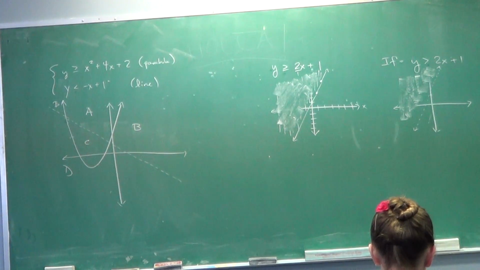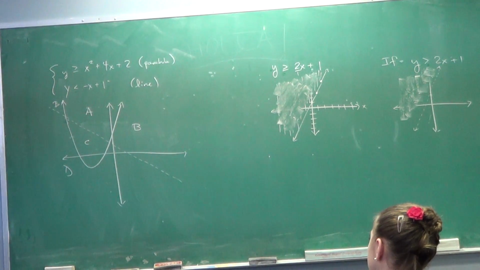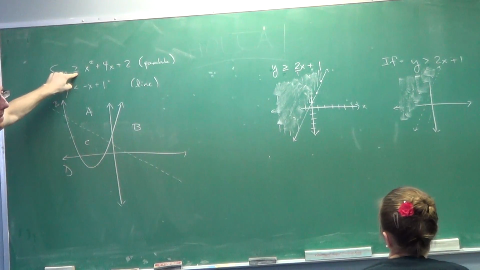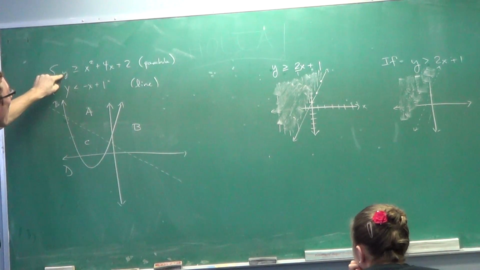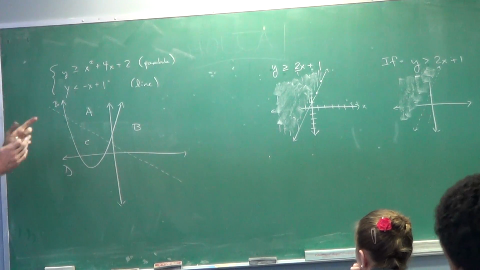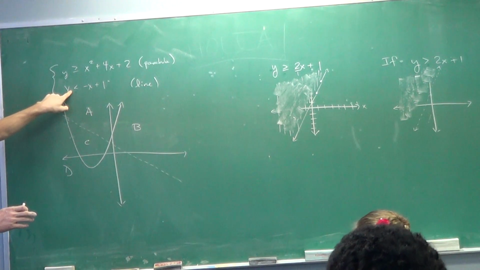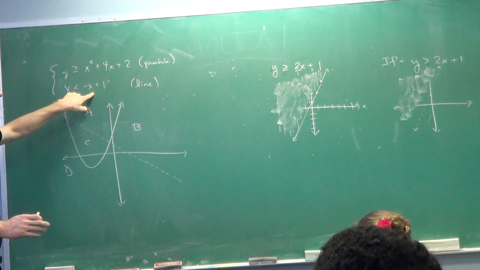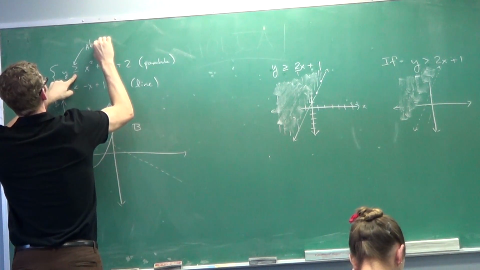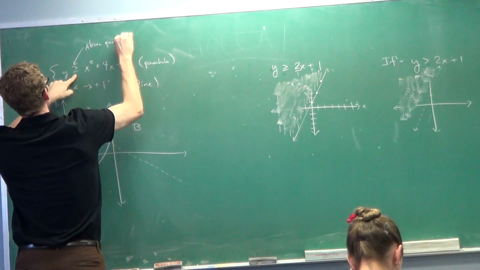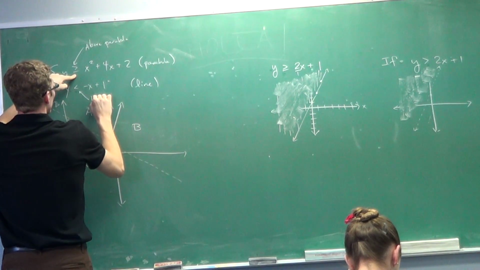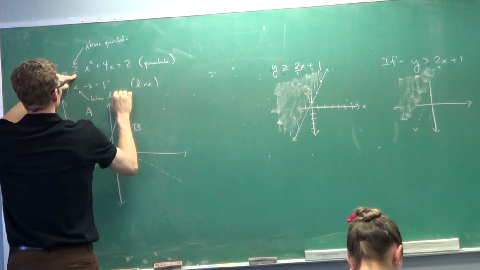Now, we need to be bigger than the parabola. So if the y's are bigger than the parabola, we need to be above the parabola, but we need to be with y's that are lower than the line. So when I look at this greater than, I say I need to be above the parabola. When I see this less than, I say I need to be below the line.